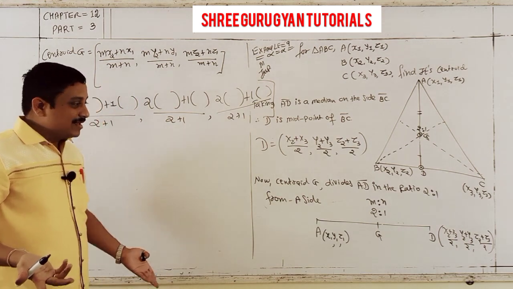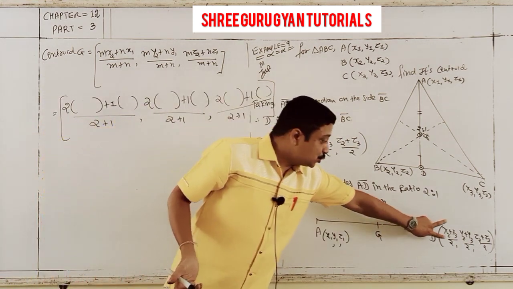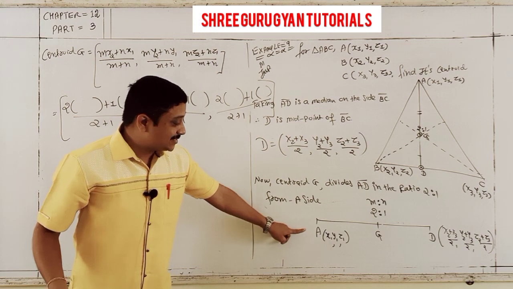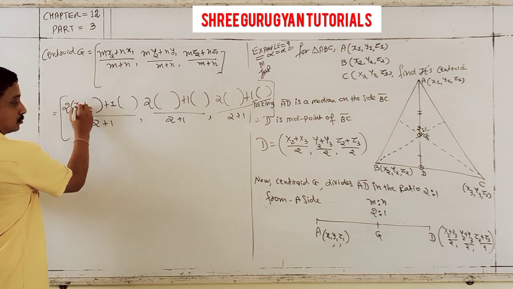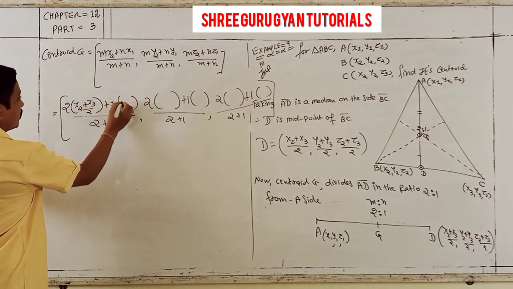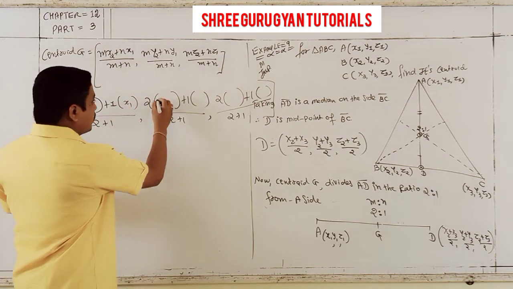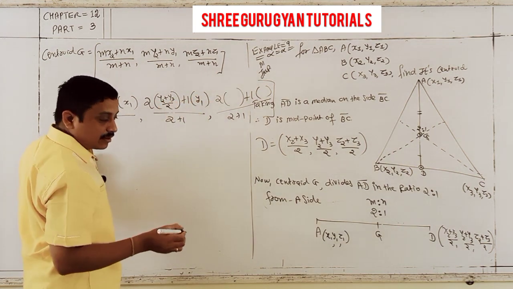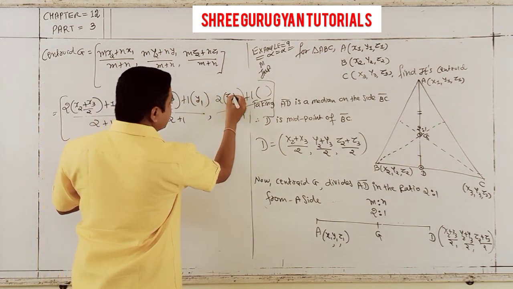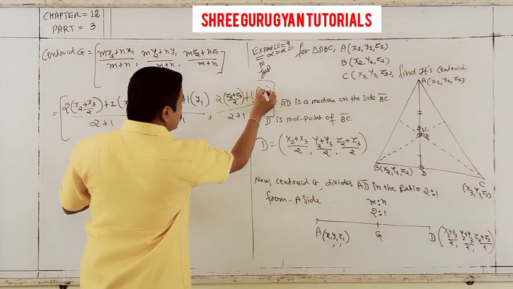And apply the values. This is your x2 and that x1 is the initial x1. So x2 plus x3 by 2 and x1, same y2 plus y3 by 2 and y1, and, students, third z2 plus z3 by 2 and z1.